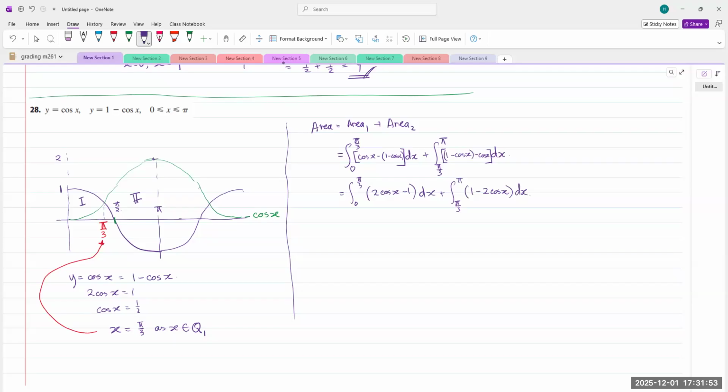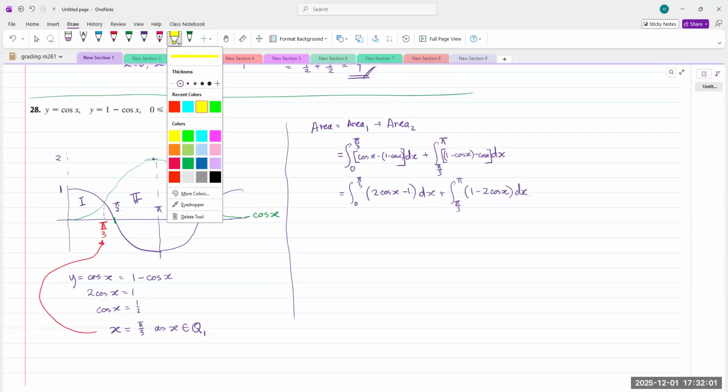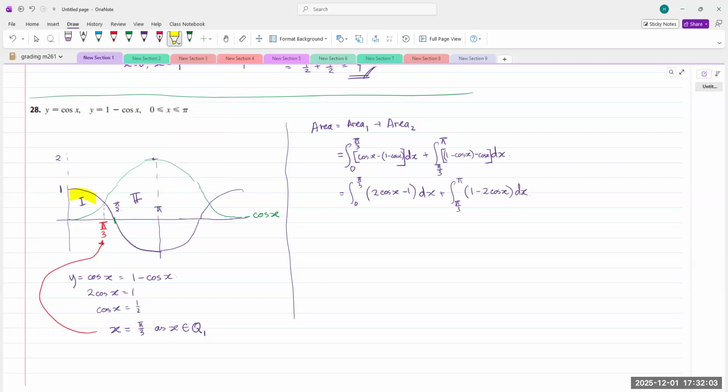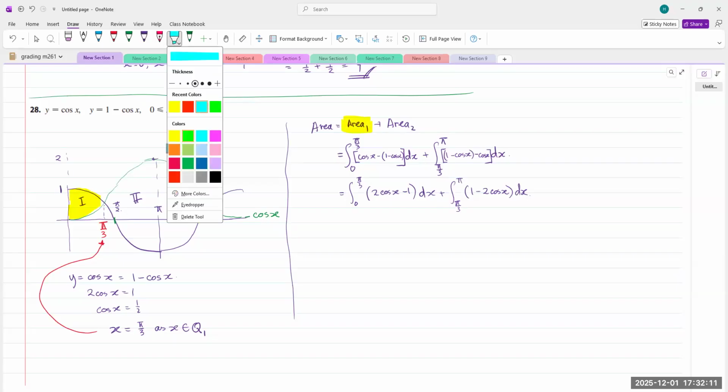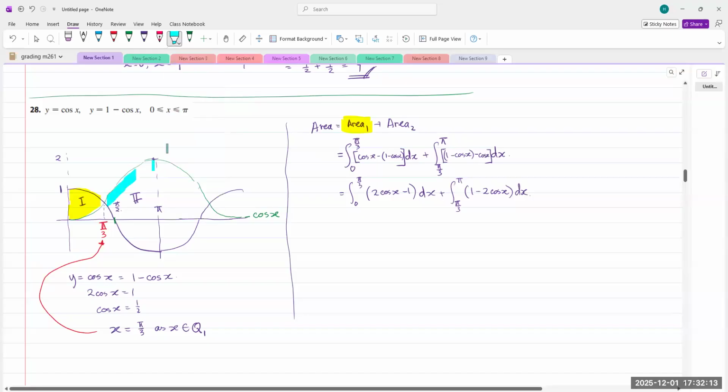Okay, that's the setup. How to compute that? It's something I assume you are able to do already. Okay, I will still do the integration for you, but focus on the setup. Okay, please focus on the setup. The second region is this part here.